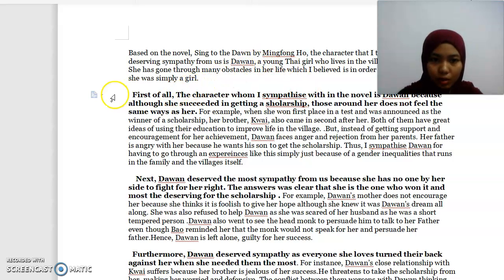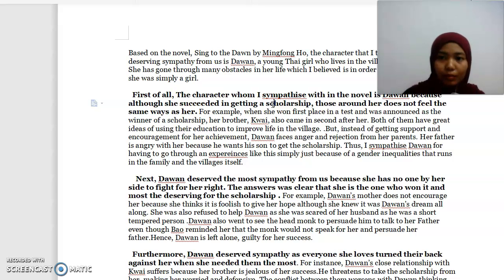So in this particular paragraph, I mentioned that the character whom I sympathize with is Nawan because although she succeeded in getting the scholarship, those around her do not feel the same way as her. This is my own evaluation after reading the novel.